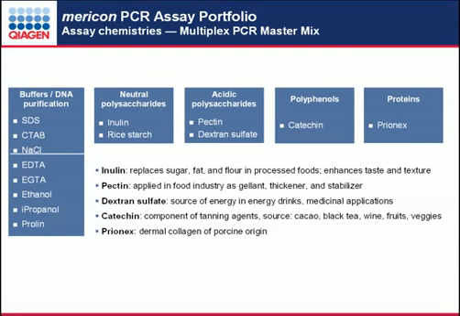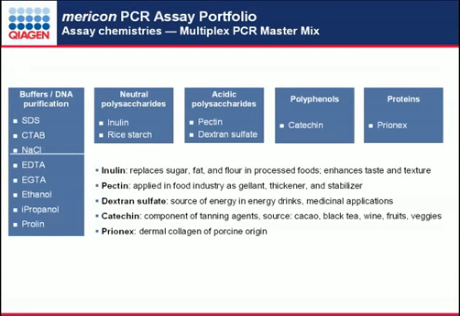Polyphenols are very important, certainly in things like cocoa, wine, fruits, vegetables, chocolate, because polyphenols are a class of compounds that appear in these foods and make it very difficult to do PCR. And then certainly there are proteins that are added to foods as well.